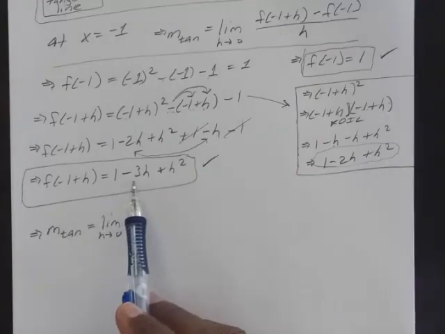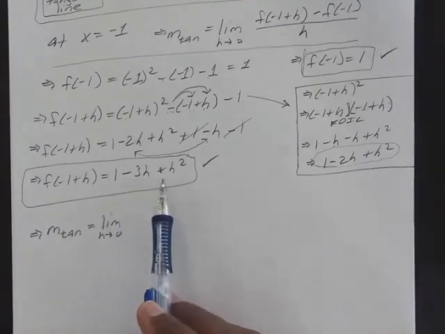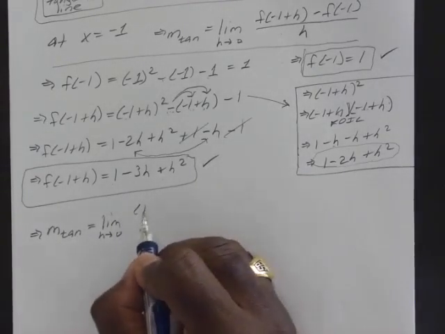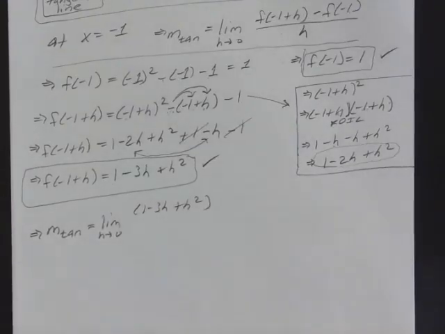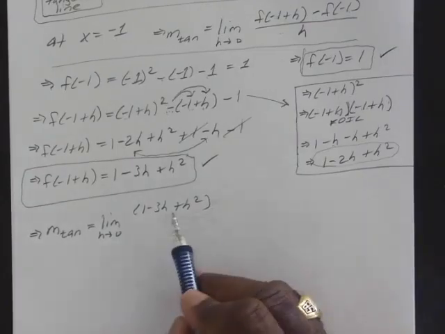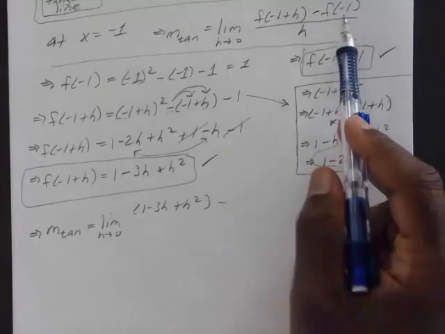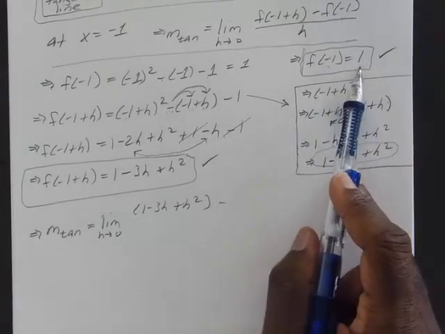So that's 1 minus 3h plus h squared, minus f of negative 1. So f of negative 1 is just 1.